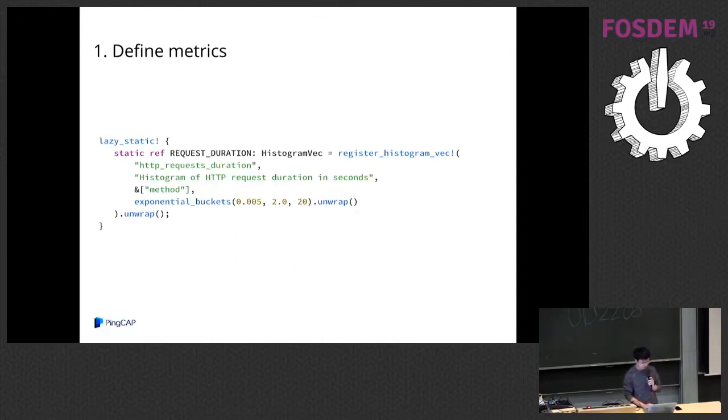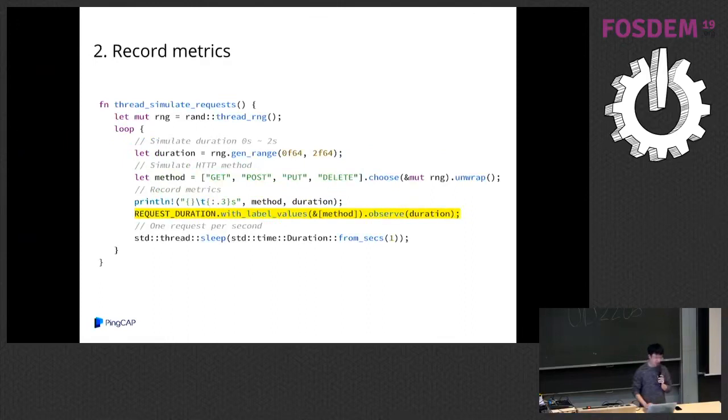The histogram has one label called method, as you can see here in the fifth line. So this is actually a histogram vector because each value of the label will be a different metric. They are counted independently.